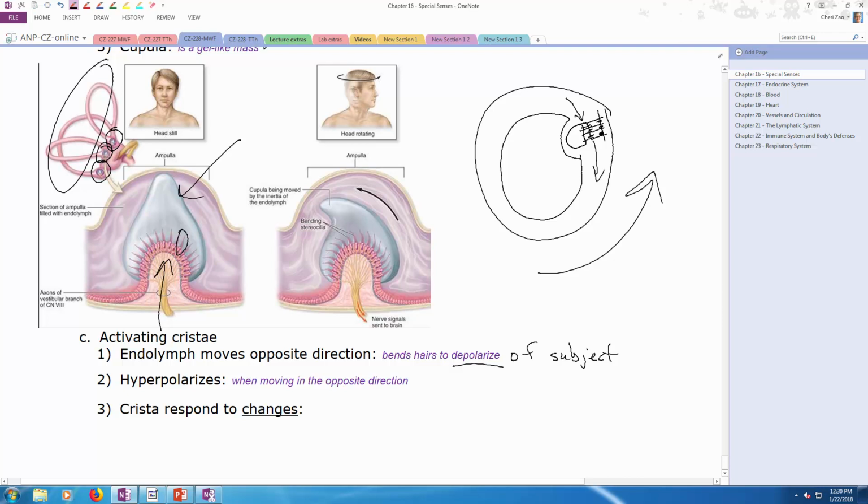And then will hyperpolarize when the endolymph is moving in the opposite direction. And so it is important to understand the cristae respond to changes in this movement of fluid and therefore activation of their hair cells.